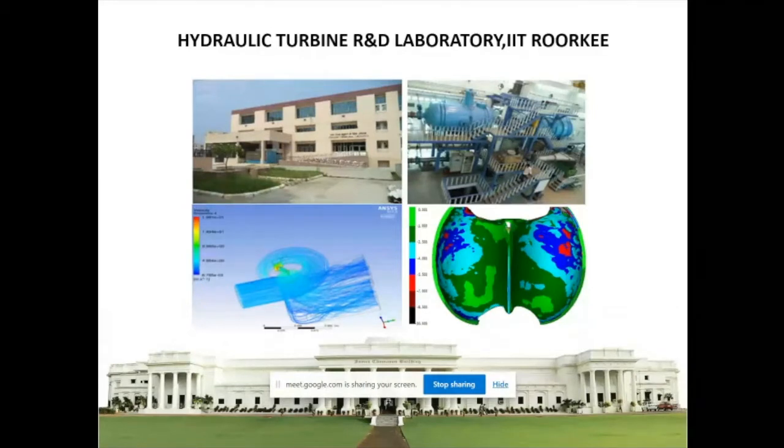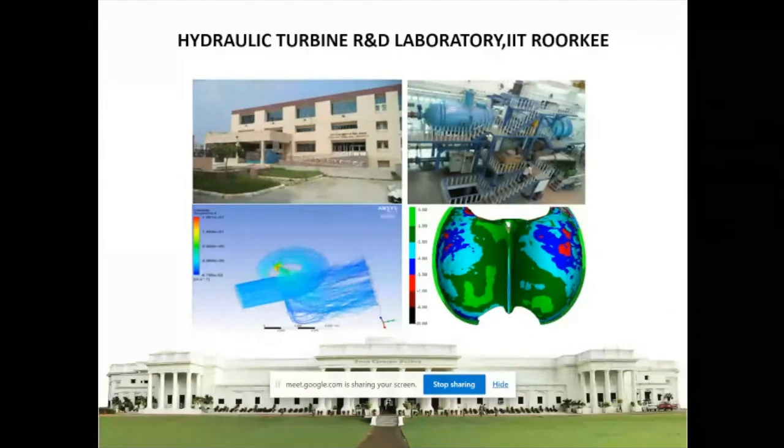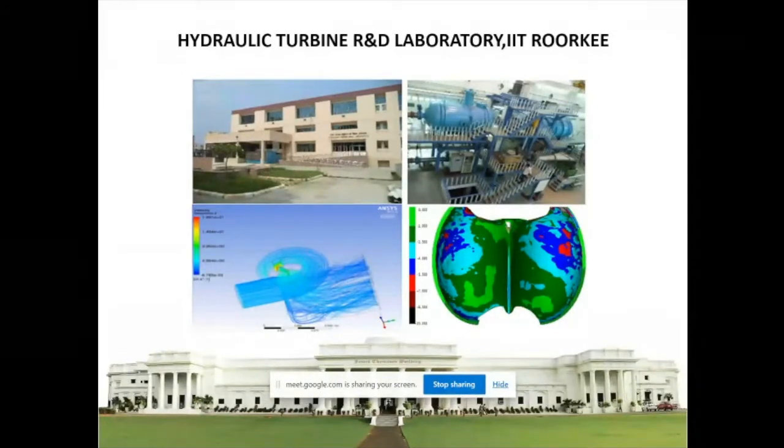For the model testing, we have a dedicated IEC code where a lot of modern instrumentation is used in order to get sufficient information, and based on that information we predict the performance. So the second step here is to validate the CFD result with the model testing results.